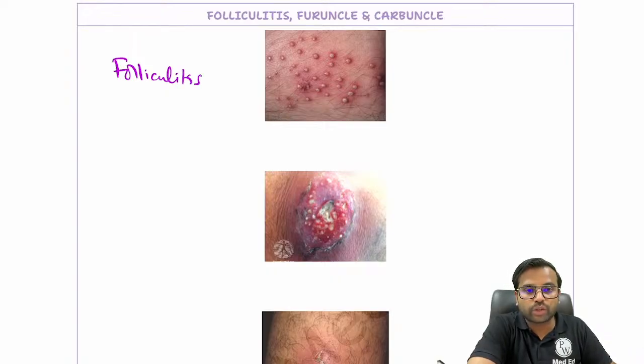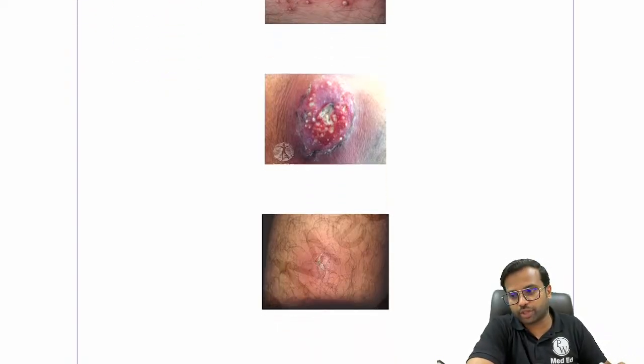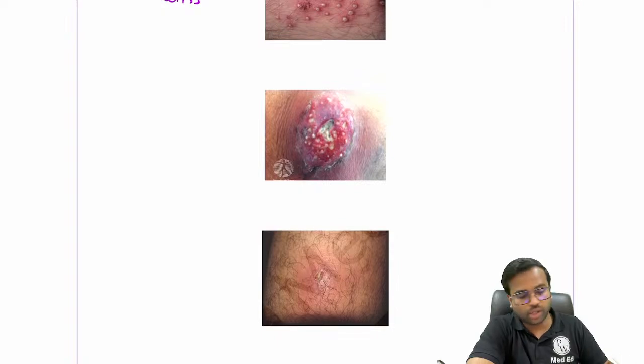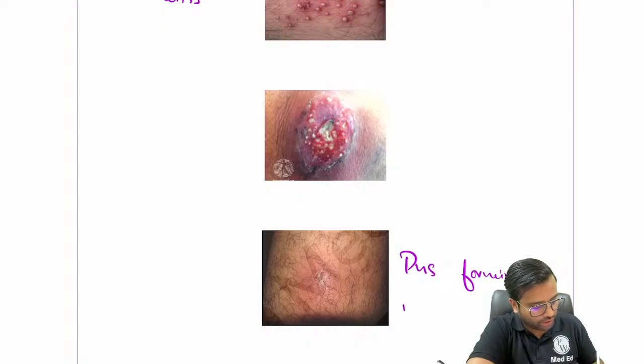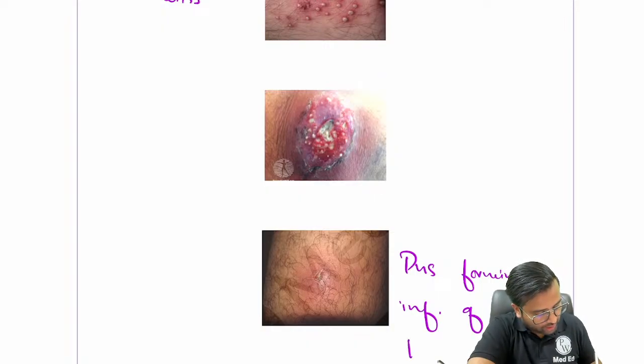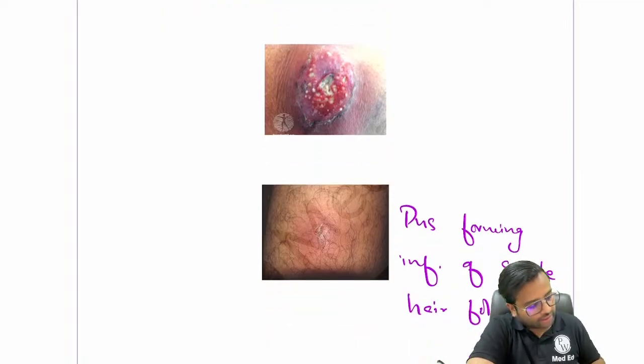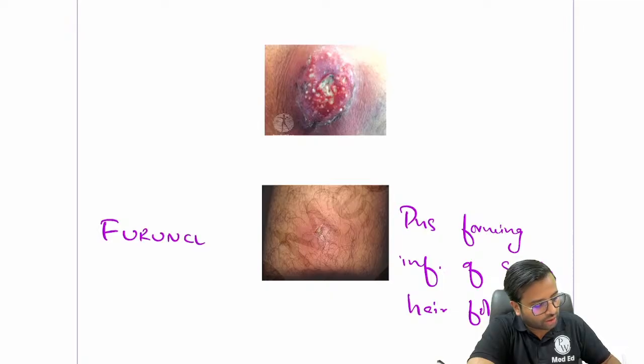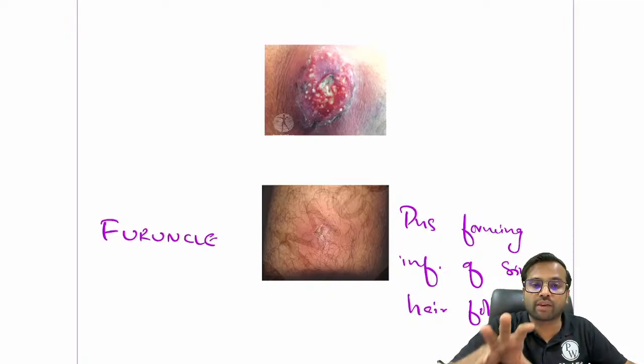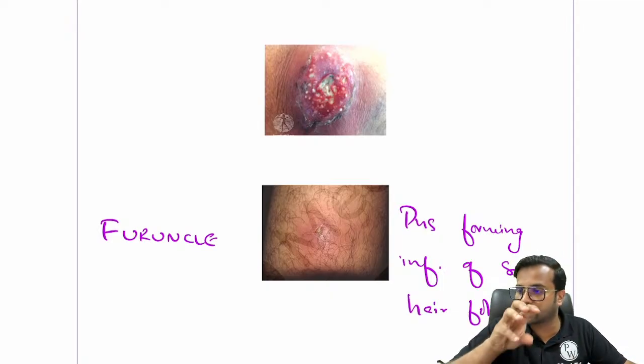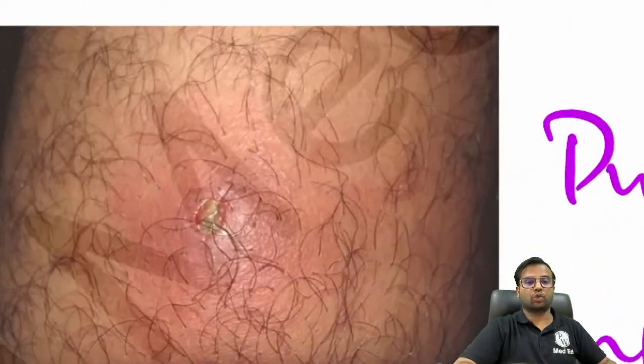Whereas when you see a pus forming infection of a single hair follicle, this is called a furuncle. See, all of you must have seen a boil, isn't it? A simple boil. I'll just zoom this for you.